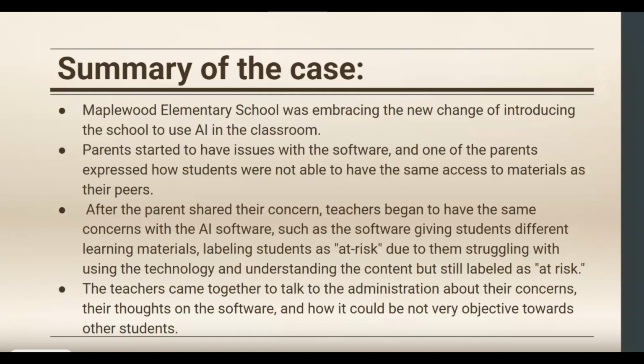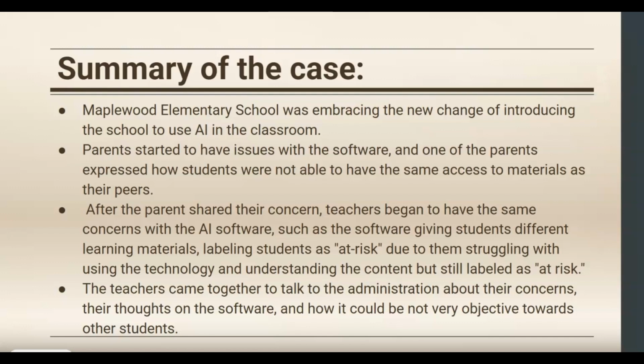She was also concerned that some of the students were labeled as at risk or potential. She brought that up to the teacher, Mr. Thompson, and he basically tried to ease her concerns.